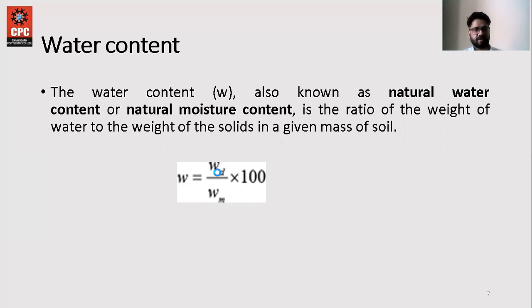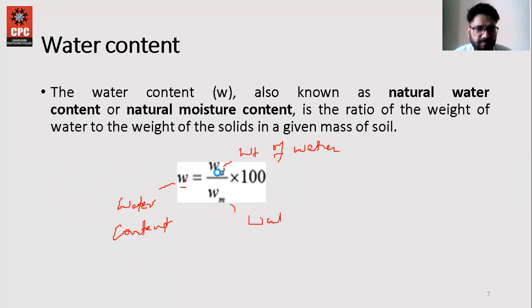In this equation, small w represents the water content, Ww is the weight of water, and Ws is the weight of solids.